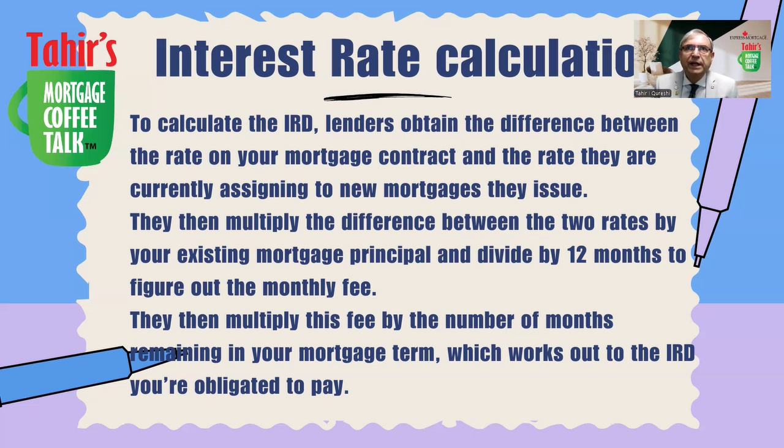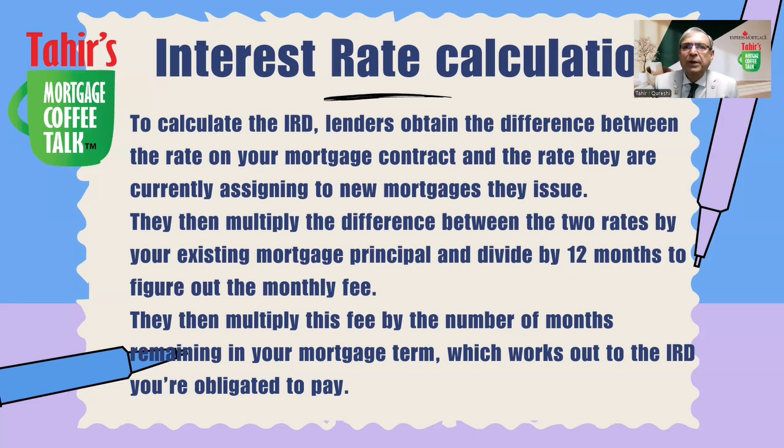Now we're going to calculate the interest rate differential, IRD. For the principal amount, we use the same example: 350,000, the rate is 4.25, and we have a 5-year term, but only 33 months left, or it should be 30 months left. Say 3 years remaining. The current 3-year mortgage rate is 3%, whereas you have 4.25. So you subtract the current rate from yours, and your differential rate is 1.25.